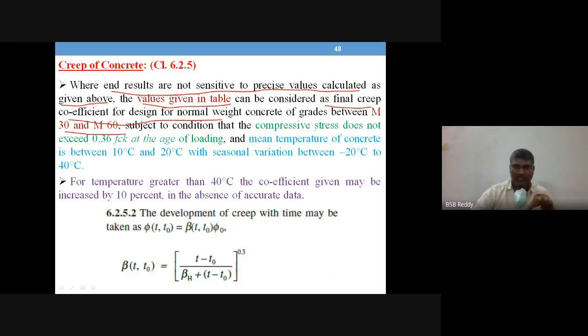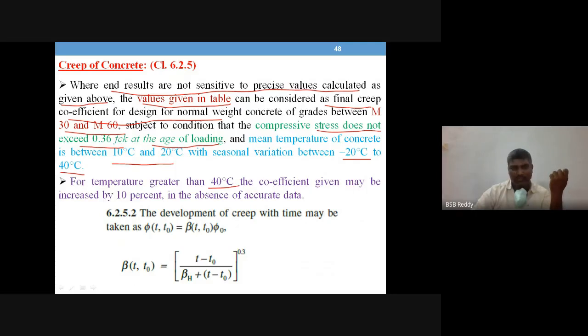And for a condition where the compressive stress doesn't exceed 0.36 fck at the age of loading, and temperatures between 10 to 20 degrees as mean values, with seasonal variations between minus 20 and plus 40. What happens if the temperature is greater than 40 degrees?